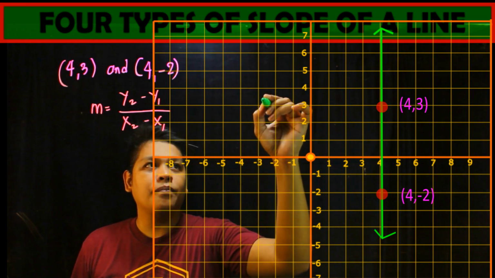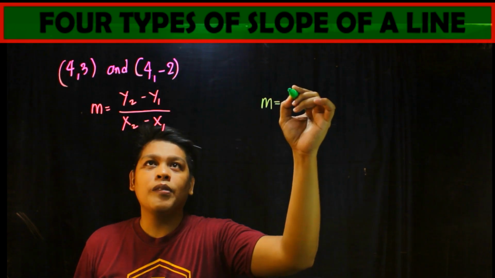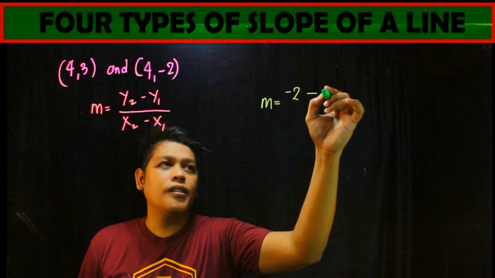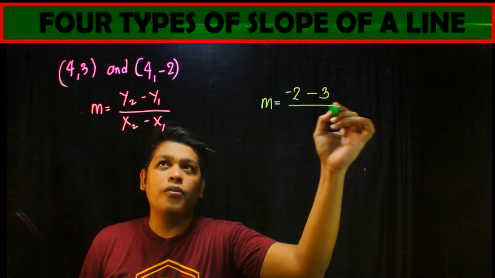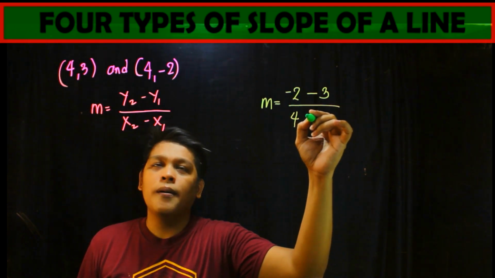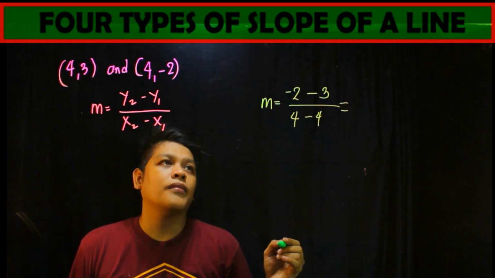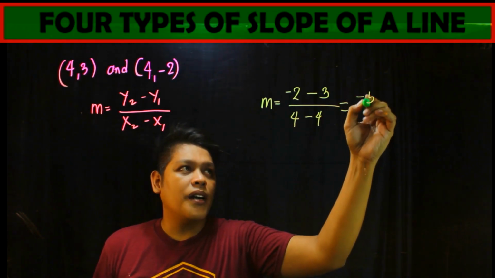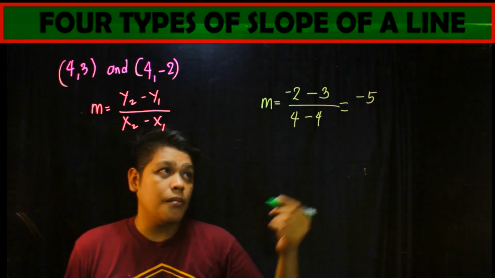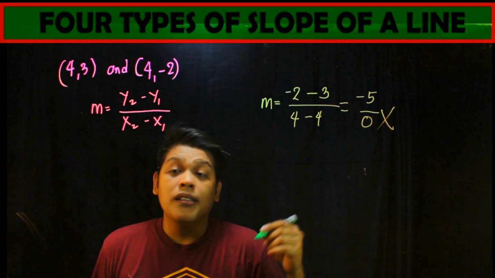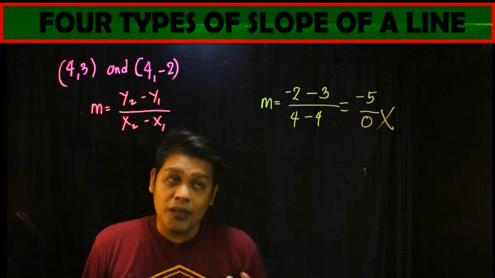So m will become negative 2 minus 3 over 4 minus 4. So negative 5, because negative 2 minus 3 is negative 5, over 0. Again, 0 ang denominator.